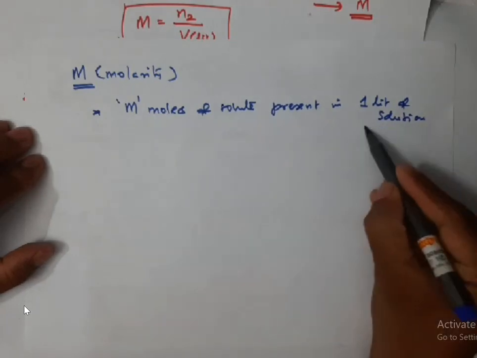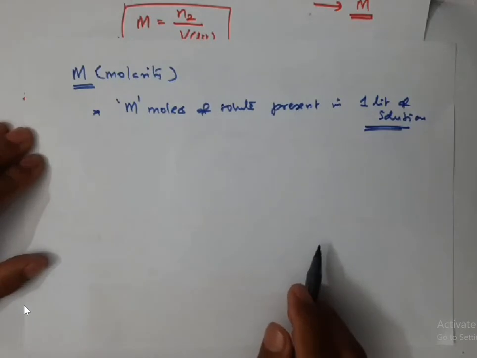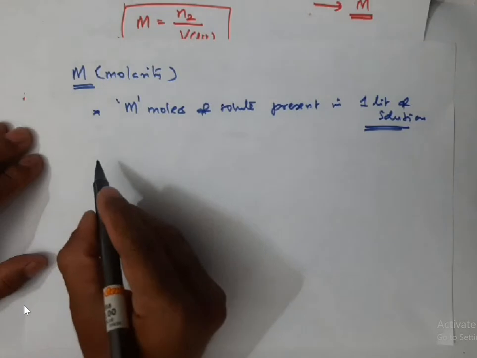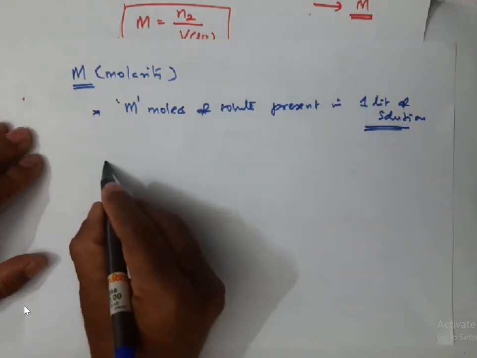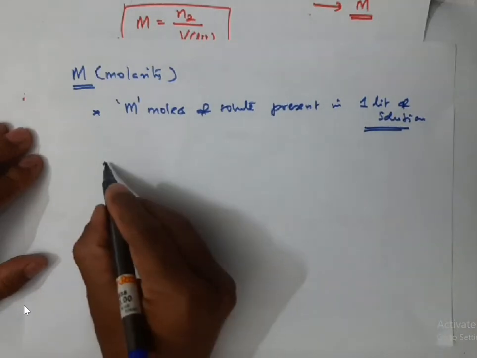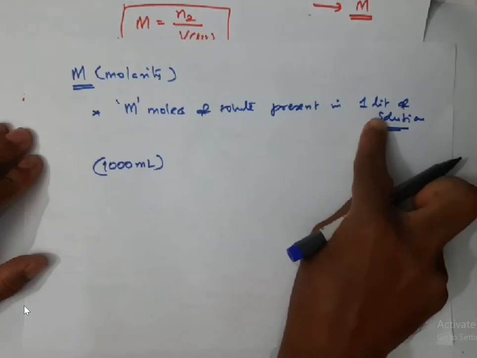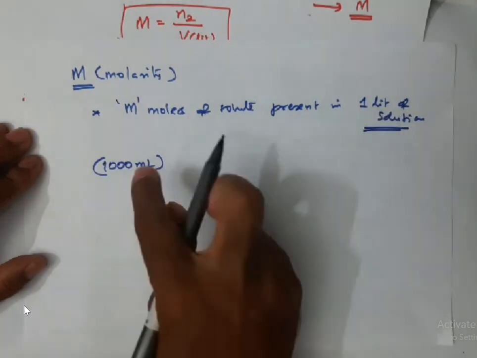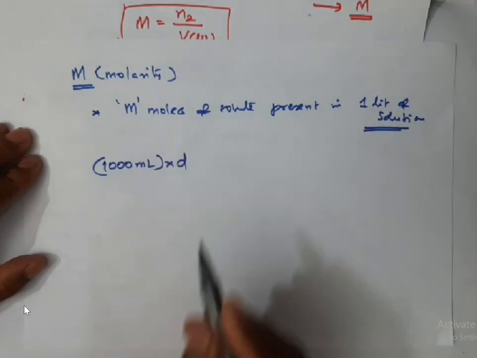Now to convert volume into mass, what you have to do? Multiply this by density, right? So 1 liter means volume is 1 liter, so I'll multiply this by 1000. So 1000 ml of solution. I'm just converting liter into ml. So 1 liter is nothing but 1000 ml. 1000 ml into density.